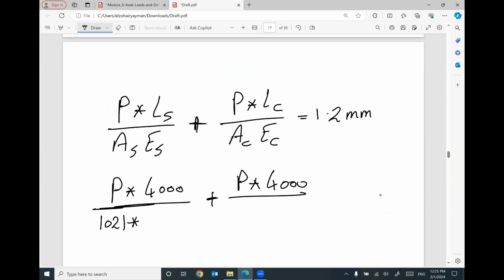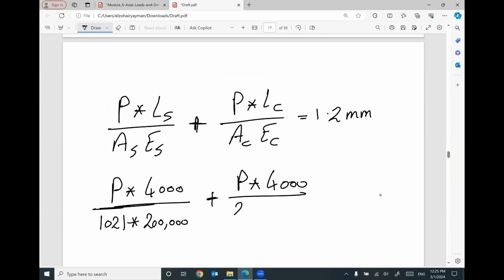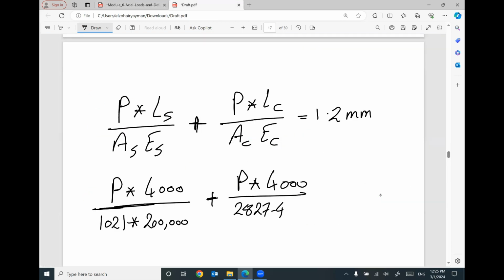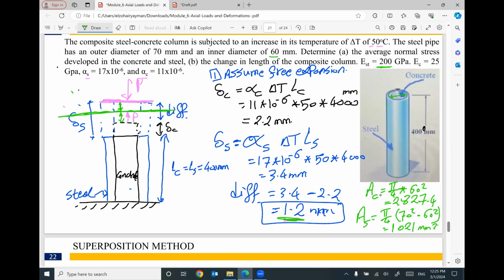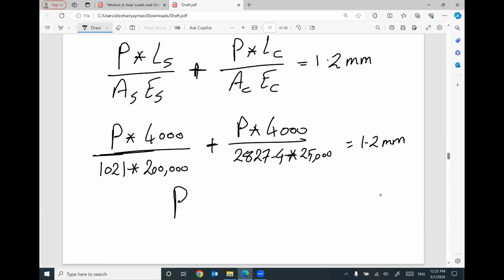200 gigapascal. I'm going to multiply it by 1000 to be megapascal. Area of concrete 2,827.4 times E, Young's modulus of concrete, is given 25 gigapascal. It will be 25,000. It will equal 1.2 millimeter. The only unknown in this equation is the applied force that I assumed.